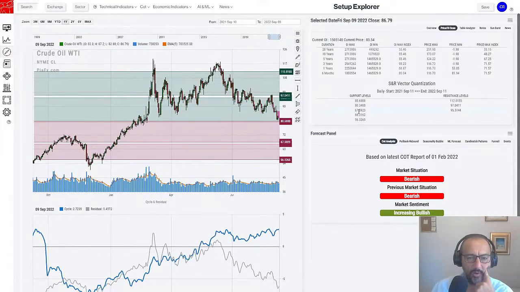And here the vector quantization levels are shown in our price open interest scan section. So we can consider just what we have: the first resistance level 95.51 and the support at 80.